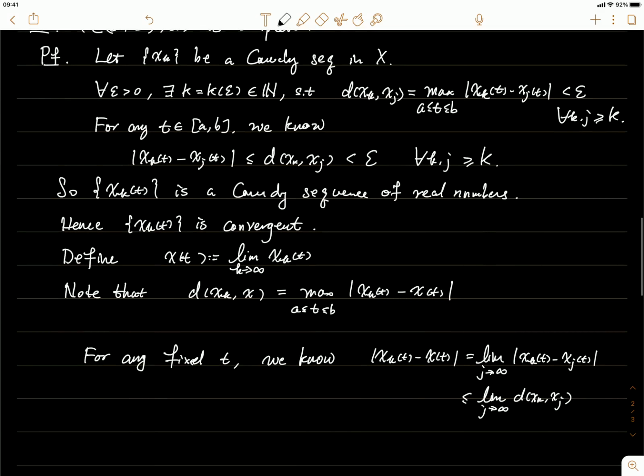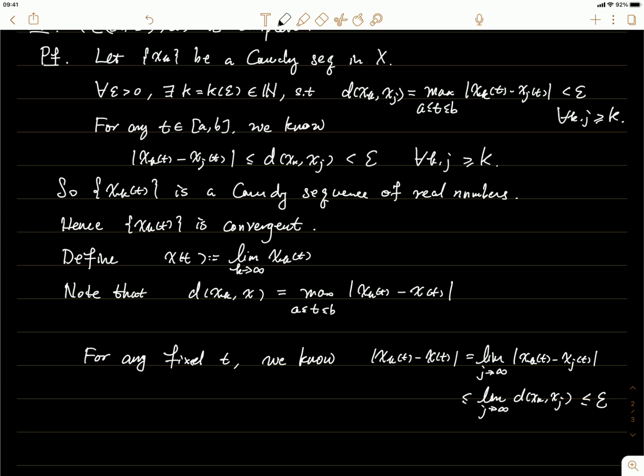And for each of these, I know that when j is large enough, in particular j is greater than or equal to the capital K, this is going to be less than epsilon, right? So if I take the limit, then it will be less than or equal to epsilon.